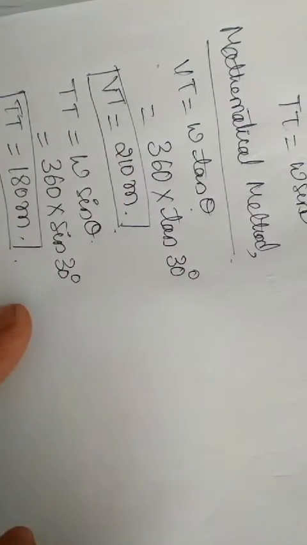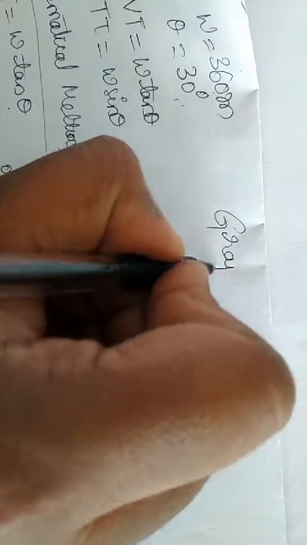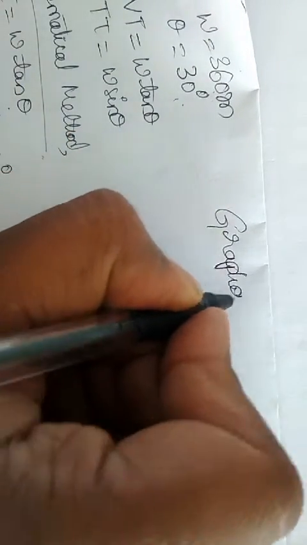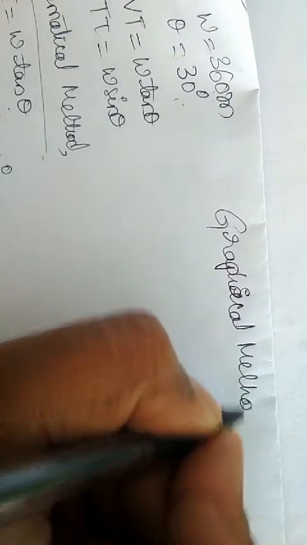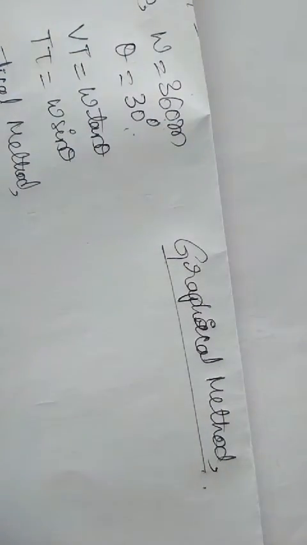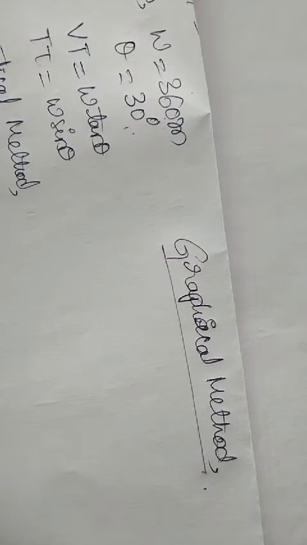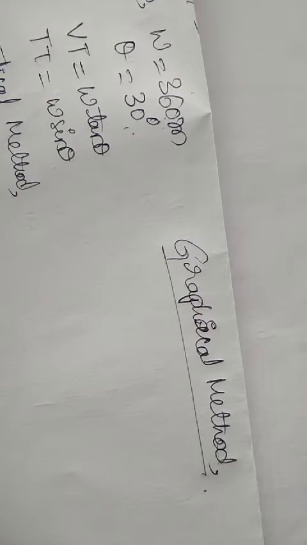Next, we will give the solution of the same problem by using the graphical method. There is another method of solving this problem, the graphical method. Here we make use of the given data, draw the graphical representation, and then solve the problem.